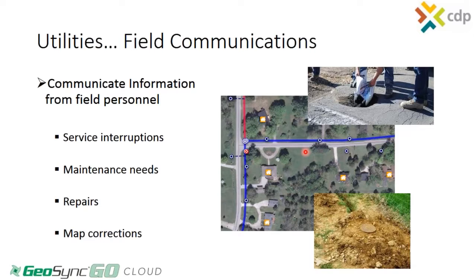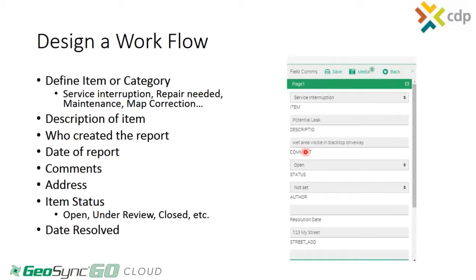And so the first thing we would need, in the GeoSync GO cloud service, is a workflow. We do have videos and documentation on how you actually create a workflow, so we won't go into detail today, but we do want to look at some things that you may want to consider in that workflow.